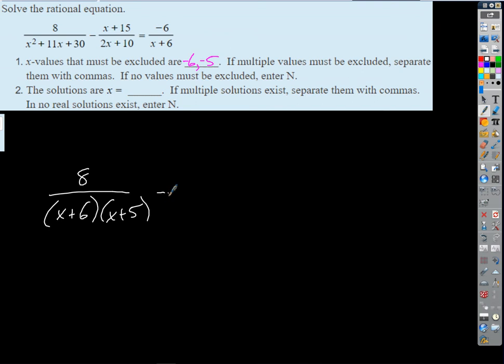Minus, how about this one? x plus 5, so we already got the -5 eliminated. And then -6 over x plus 6, so we already have our -6 excluded.